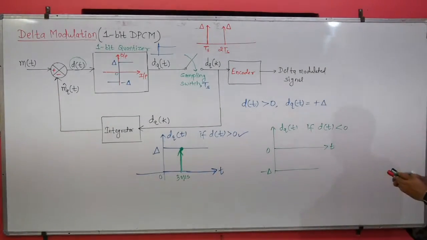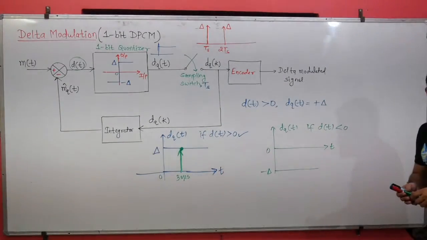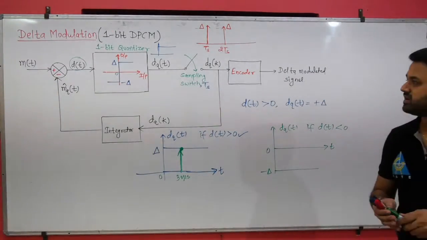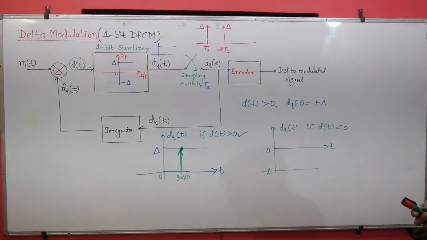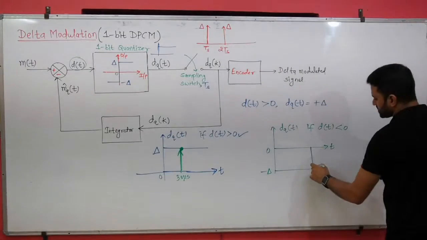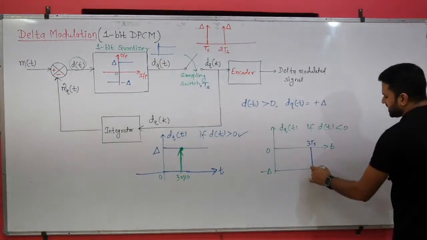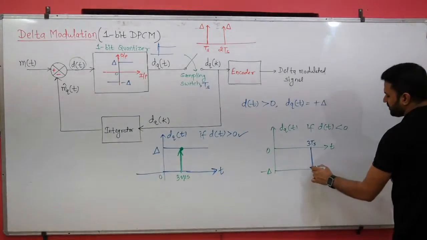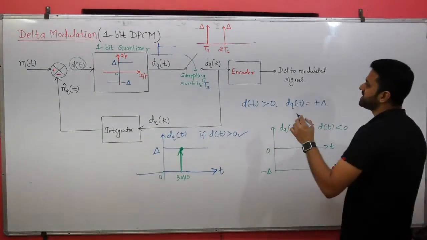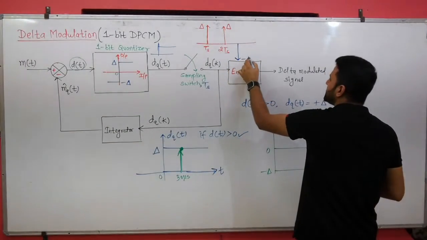If d(t) is less than 0, the difference will be negative. Then when we close the switch at 3Ts second, what will we get? We will get an impulse of amplitude minus delta.